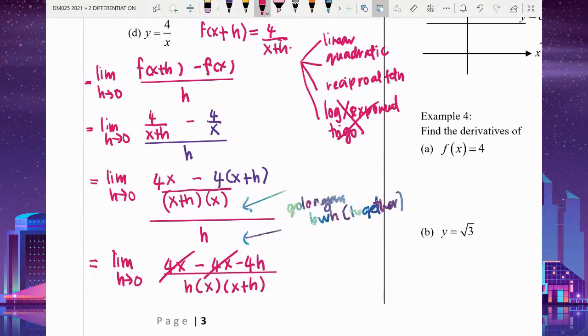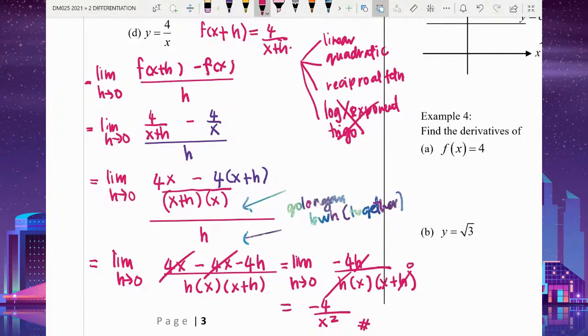What you have here, h and h can cancel. Limit h approaching 0 of minus 4h over h times x plus h. Don't expand, because we want to cancel the h. Lastly you substitute h with 0, so it becomes x times x, so x square. So the answer will be negative 4 over x square.